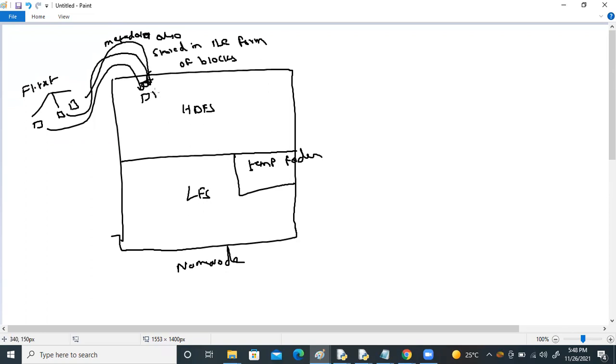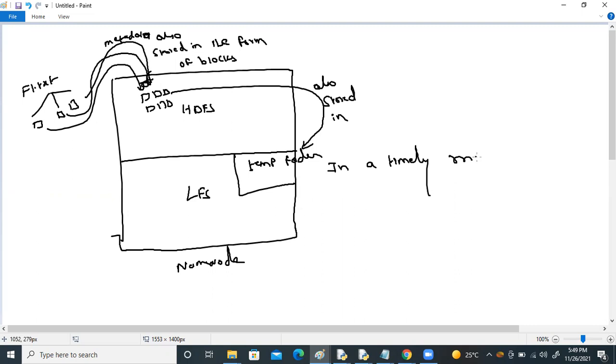So the metadata is also stored in the form of blocks, and in the temp folder. From there, in a timely manner, it is copied into two special files.